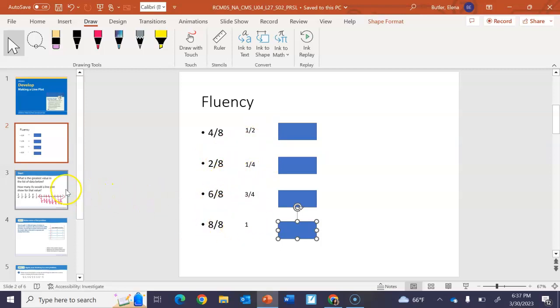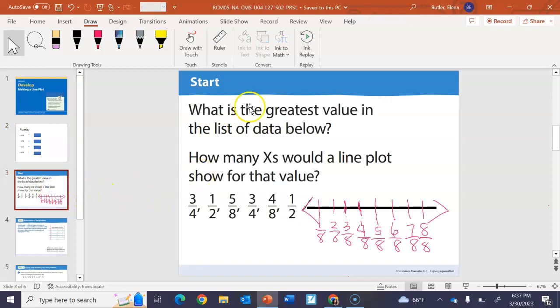So now we're going to get some practice of actually plotting those points on a graph. So our question, for our start problem, is what is the greatest value in the list of data below? How many x's would a line plot show for the value? So the greatest value in the list could possibly be 3/4 or maybe 4/8 or even maybe 1/2.